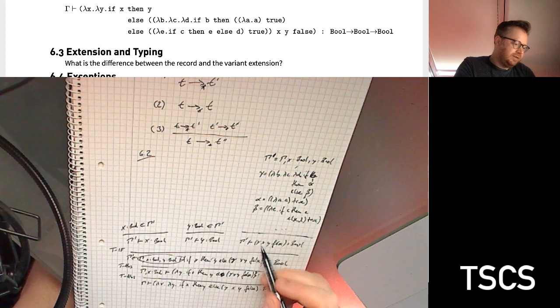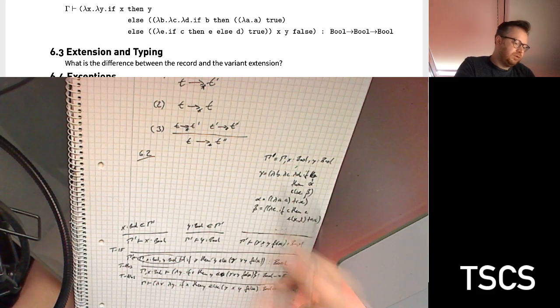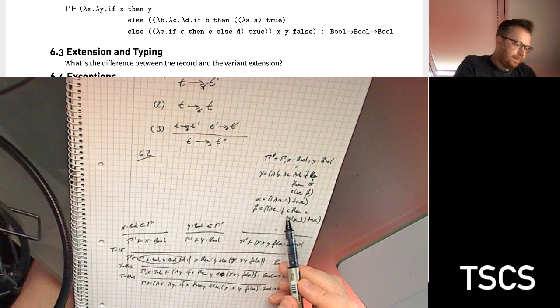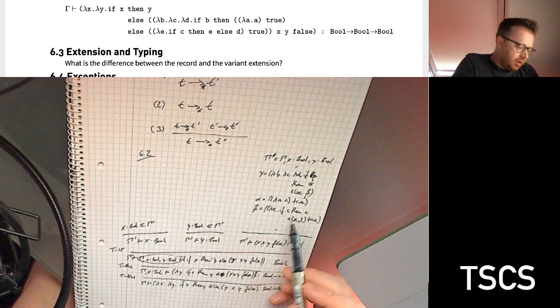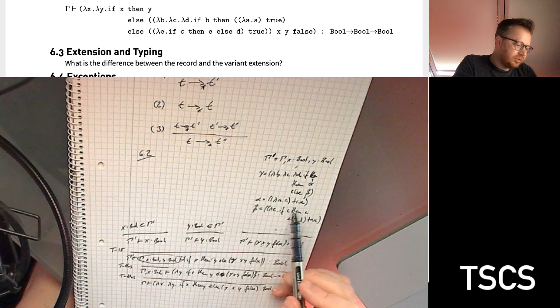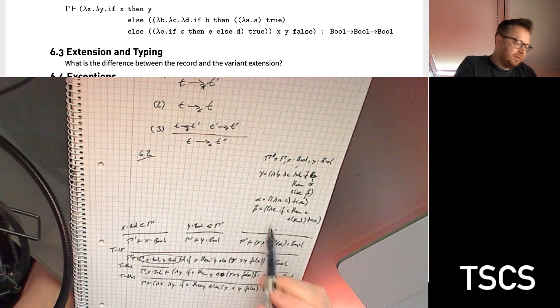And because x is bool again, b is substituted by x, which is bool. This is fine. C is substituted by y, and a again. What's a? A is this one, it's just alpha, the identity of true. So this thing is also boolean. This works. So it's beta boolean if c is bool.